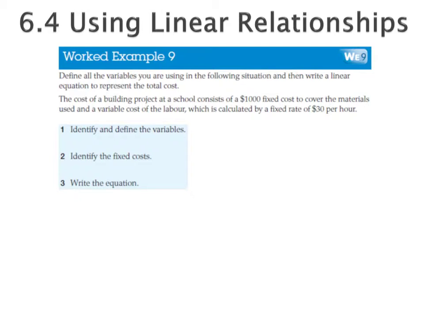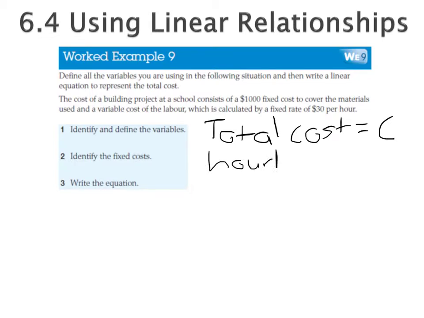So we have a total cost is what we're going to get at the end. And let's let that equal C. We also have the hourly rate. And we'll let that equal H.